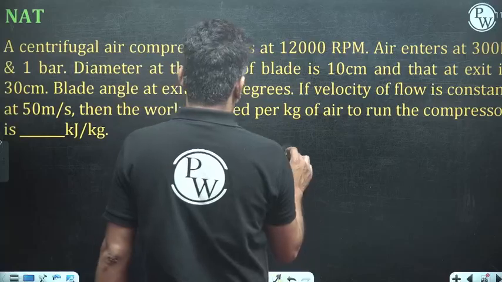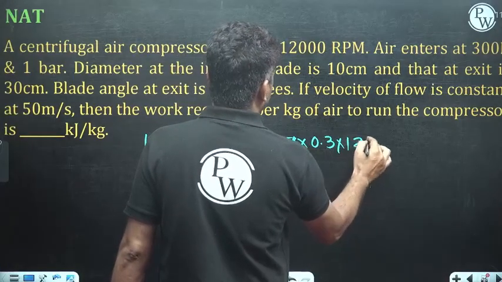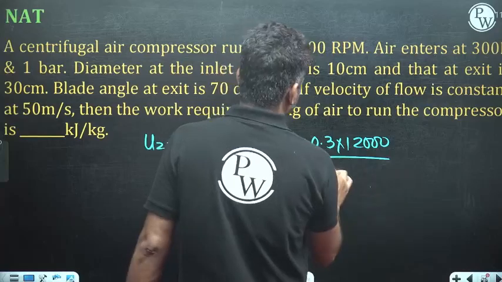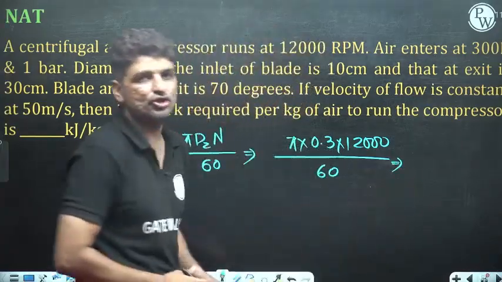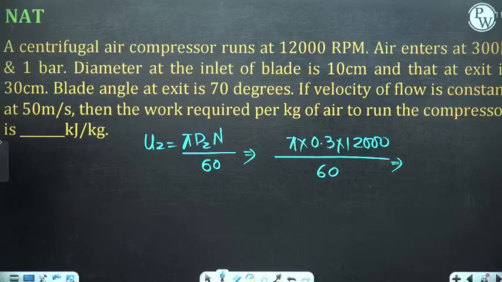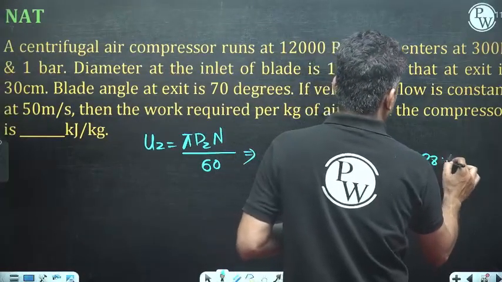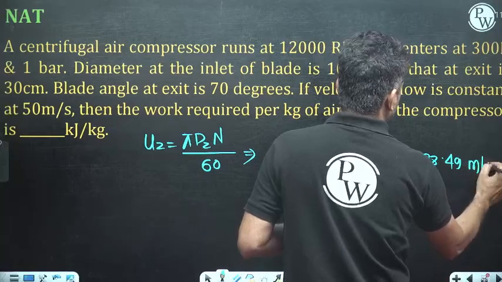So pi multiplied by 0.3 multiplied by 12,000 divided by 60. This is your U2. How much is it coming? So 188.49 meter per second.